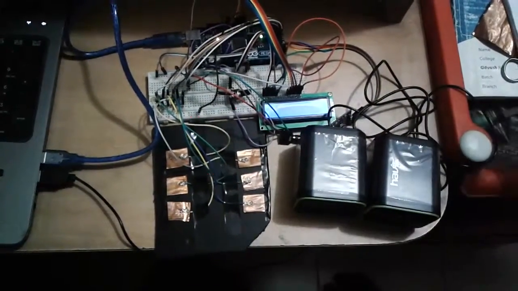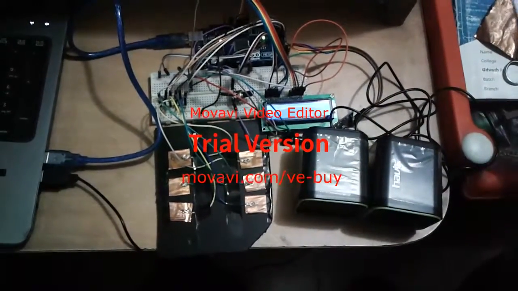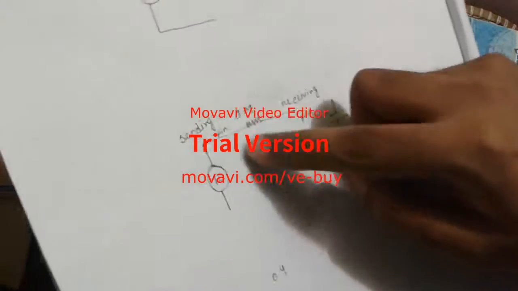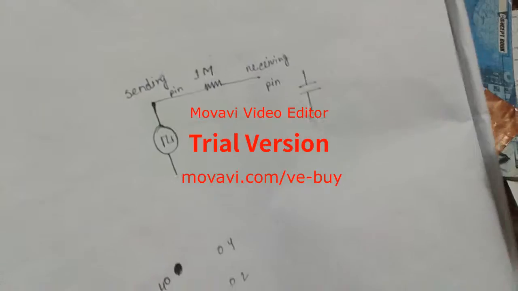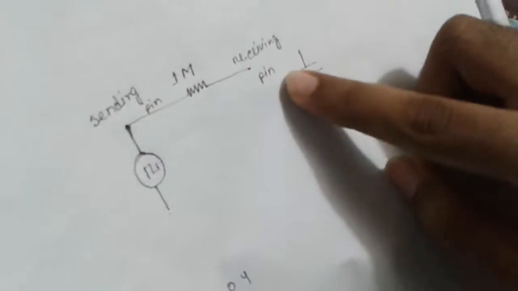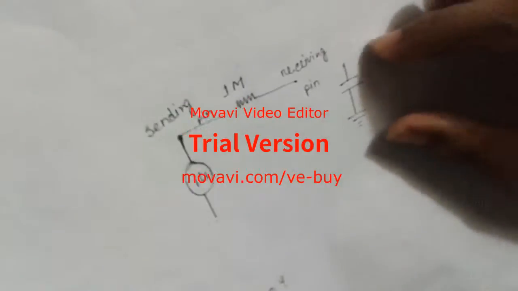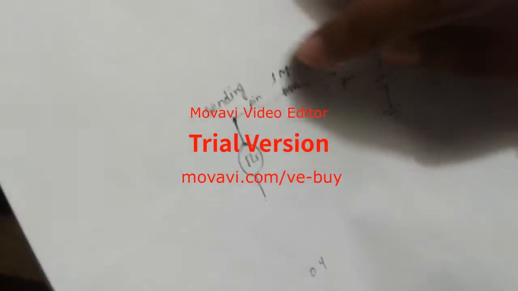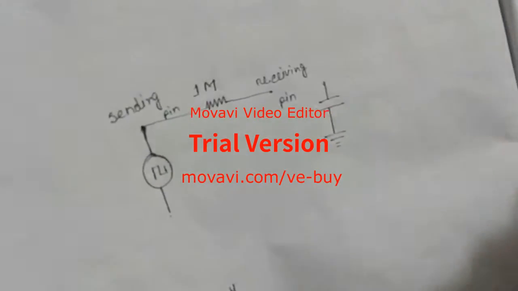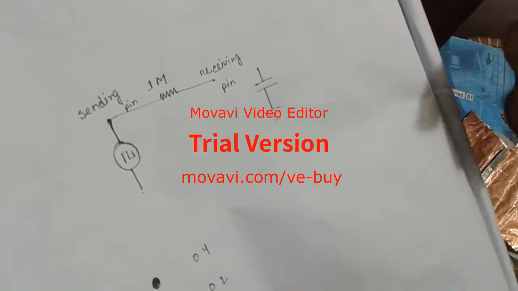The basic principle of the capacitor sensing effect can be illustrated from this circuit. Here there is a 1 megaohm resistor and a source is connected to it. Though apparently we cannot trace it, the signal takes some time to reach the receiving pin from the sending pin. If we connect a capacitor in series with the resistor, it will take more time since the capacitor needs to be charged.